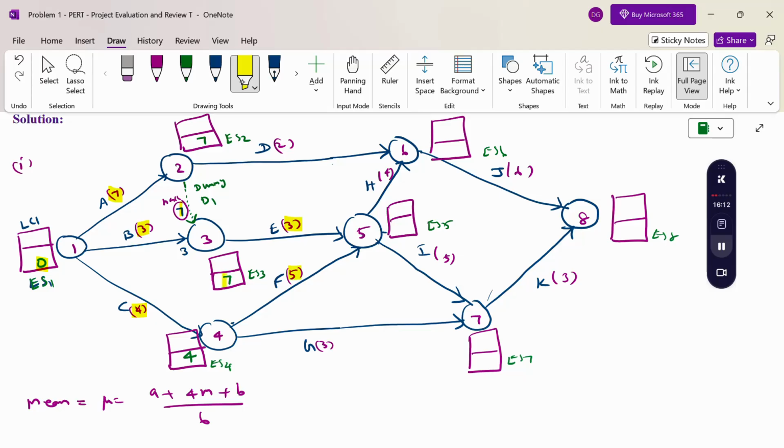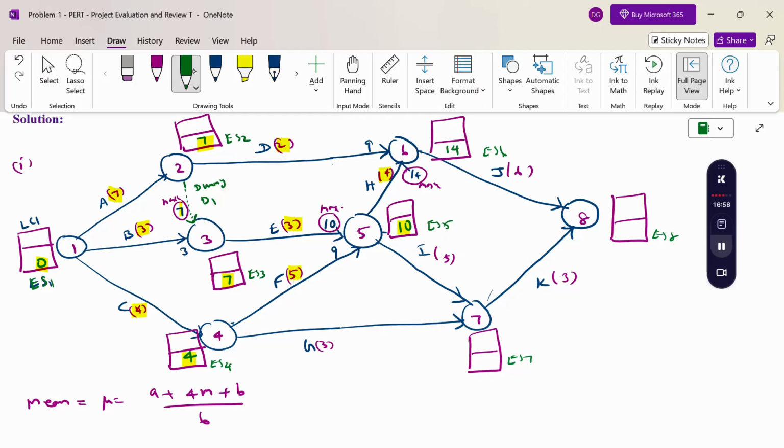So with the initial earliest starting time, 7 plus 3 is 10, 4 plus 5 is 9, then the maximum is 10, therefore 10 is the earliest starting time. Then from this, 7 plus 2 is 9, and next here 10 plus 4 is 14, maximum 14.